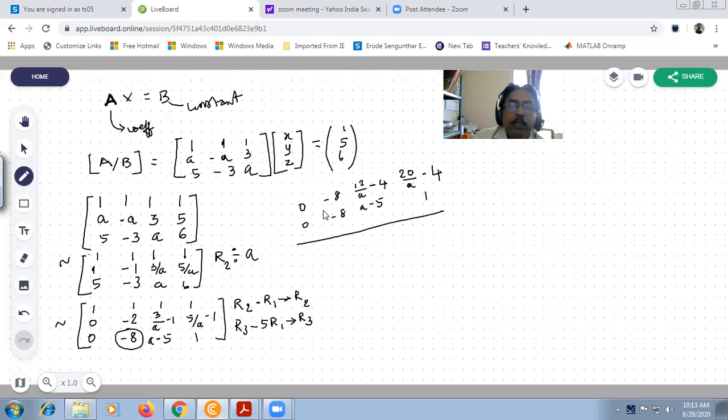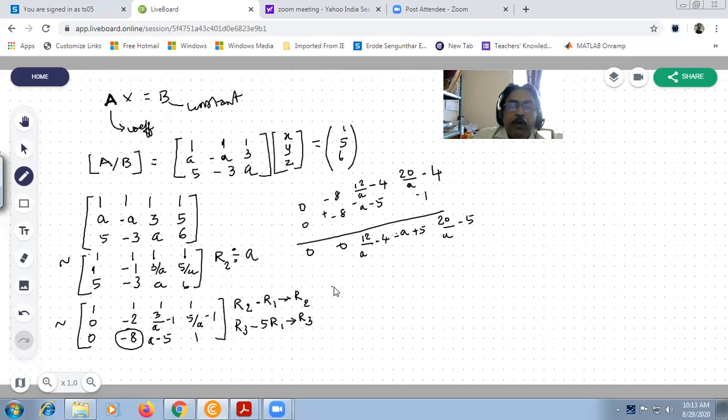You subtract 0, 0, 12 by A, 12 by A, minus 4, plus minus A, plus 5. You subtract this, 20 by A, minus 5.